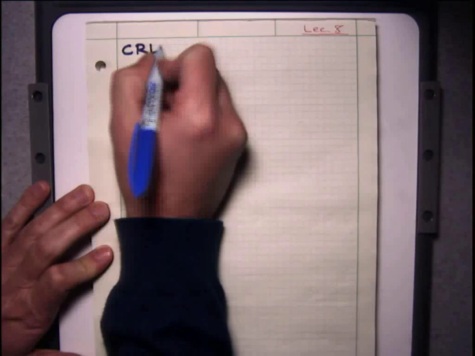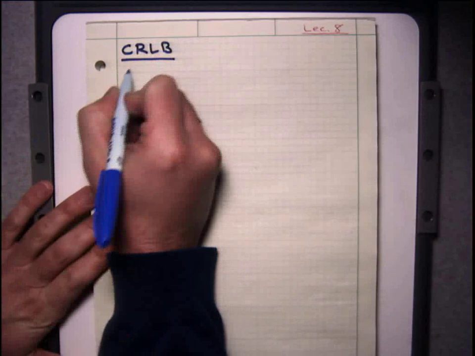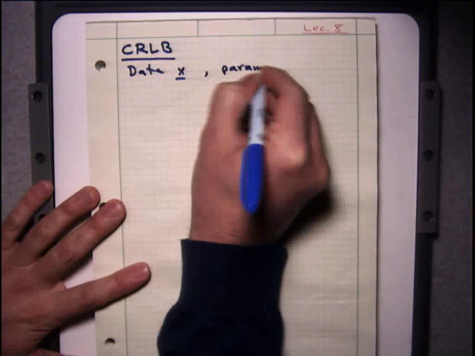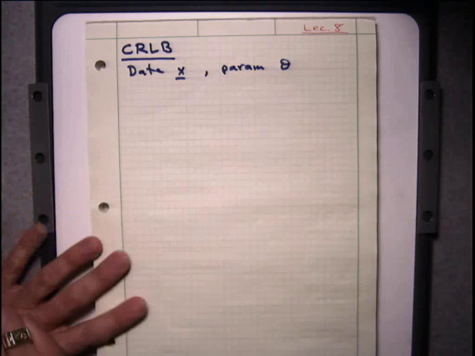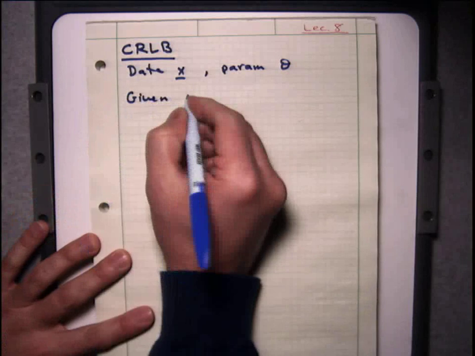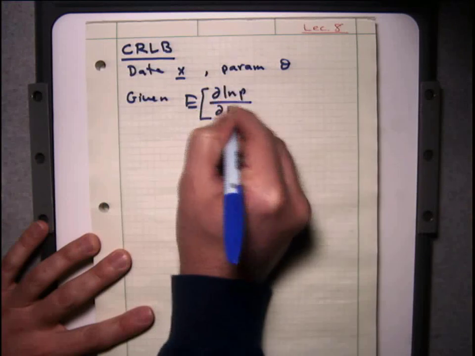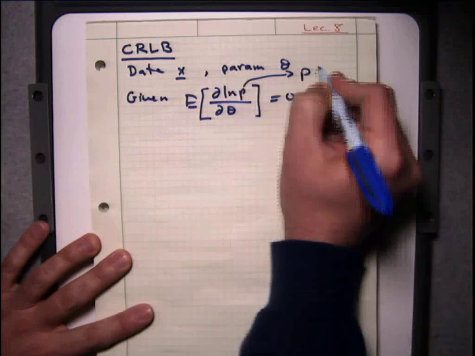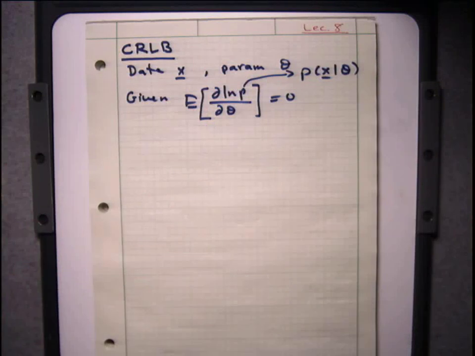So the Cramer-Rao lower bound, we said the following: you have data x and a parameter theta that you're interested in, which the data gives you some information about. So given that the following regularity condition is satisfied, this is true, and this P is the joint conditional density of x given theta.